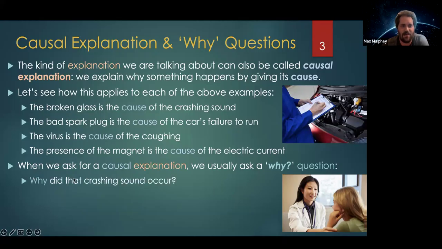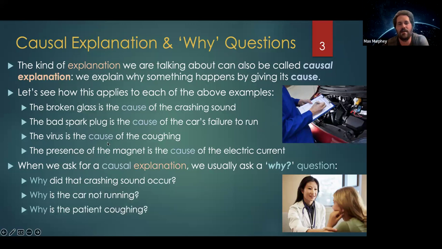So let's do the examples. Why did that crashing sound occur? Answer, the broken glass. Why is the car not running? Answer, the bad spark plug. Why is the patient coughing? Because they have a virus. Why is the electric current flowing? Because there's a magnet, and we know there's a law of induction.